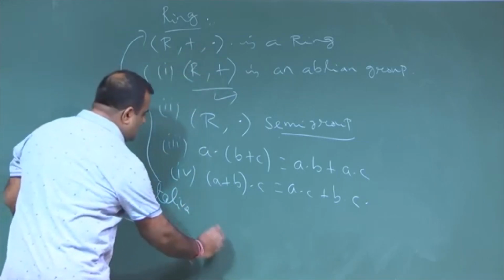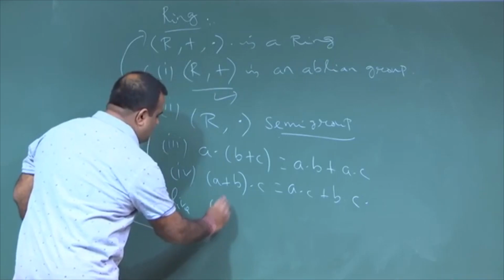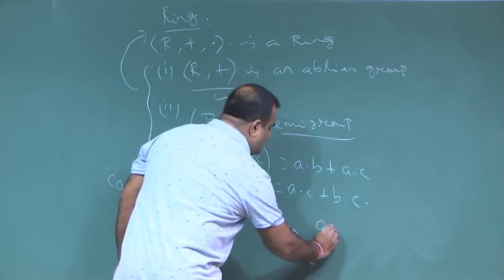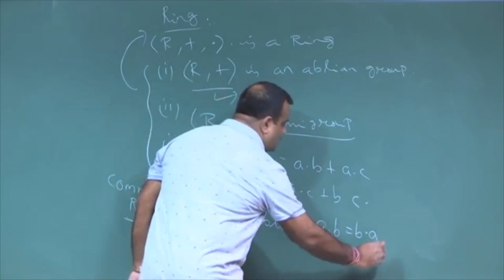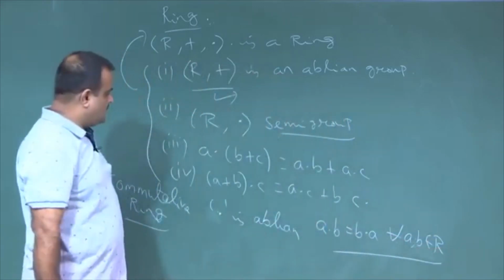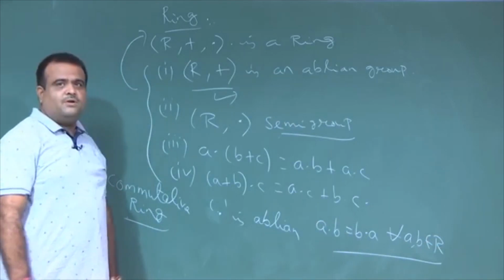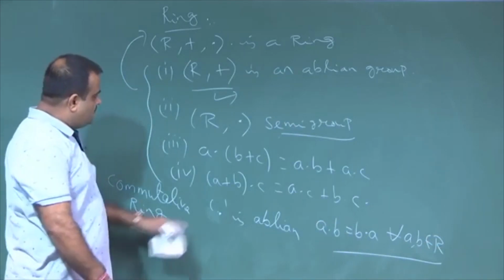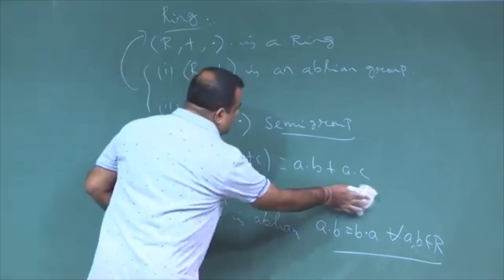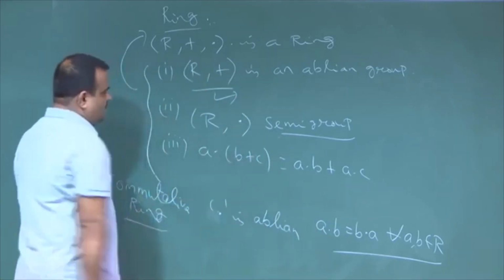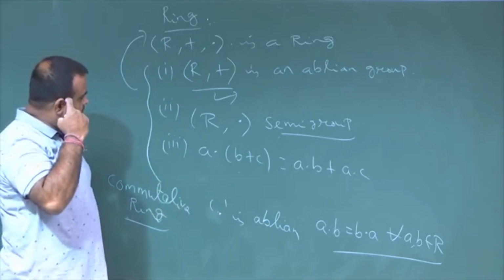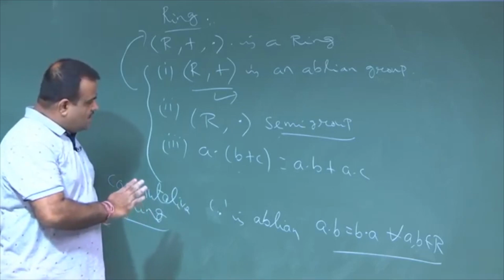That means if A dot B is equal to B dot A for all A, B, then it is called a commutative ring. If it is commutative, then these two distributive laws are the same, so we can take it this way or that way, it does not matter. So we have only one distributive law, because this is a commutative operation. This is called a commutative ring.